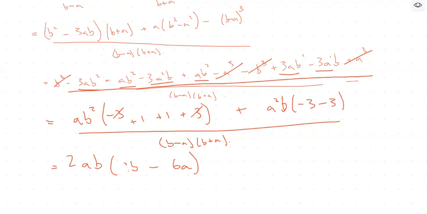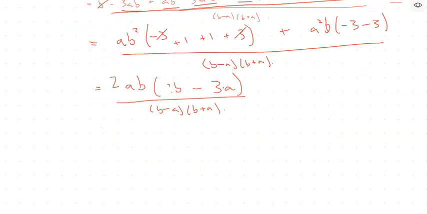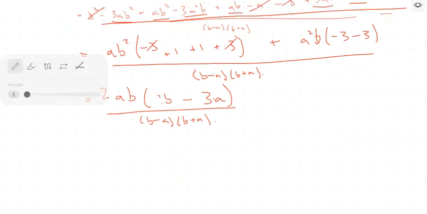So if I put 2 here, I've got 1 of those and 3 of those, all over b minus a, b plus a. Now, ab is bigger than 0. b minus a is bigger than 0 because b is bigger than a. b plus a is bigger than 0. So everything here is positive.